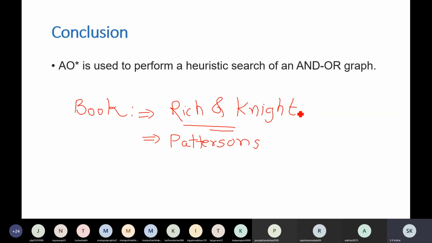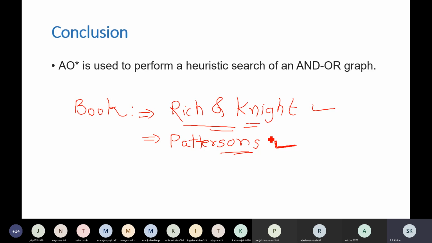The basic concept you will understand from Rich and Knight, and the algorithm that I have presented to you is from Patterson's book. But to understand this very simplified version, there are a lot of assumptions. Unless you understand its basic functioning from Rich and Knight, you will not understand the algorithm in Patterson's book. So first read Rich and Knight and then go to Patterson's book if you have not understood any part of this algorithm right now. Otherwise, I think I have covered almost everything from both these books.